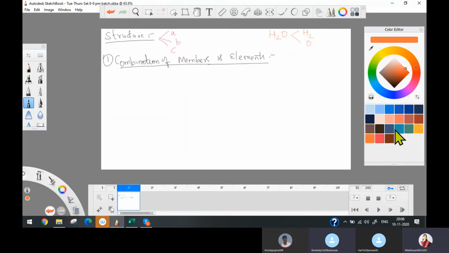Similarly, anything that is a combination of members and elements is called a structure. So now the question is what is a member and what is an element? So what is a member? A member means which has small width. In a building, I will draw the sketch of a structure.